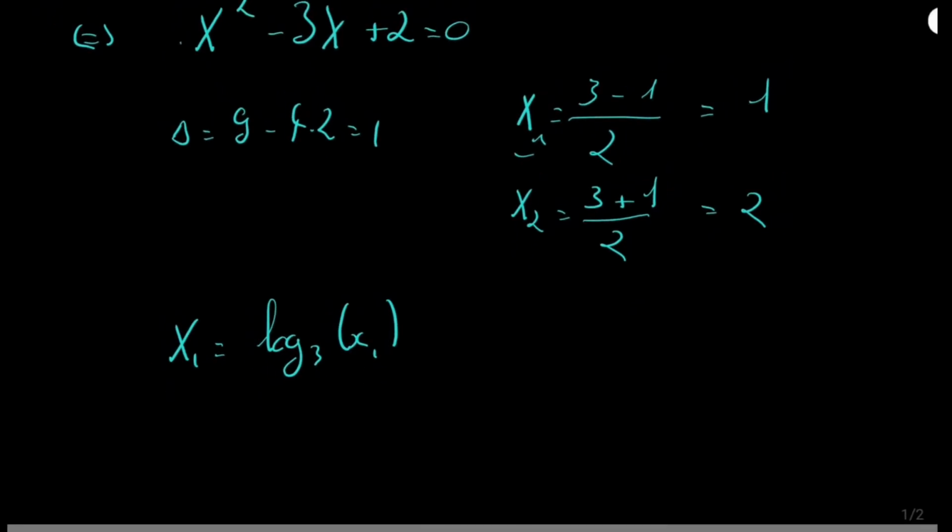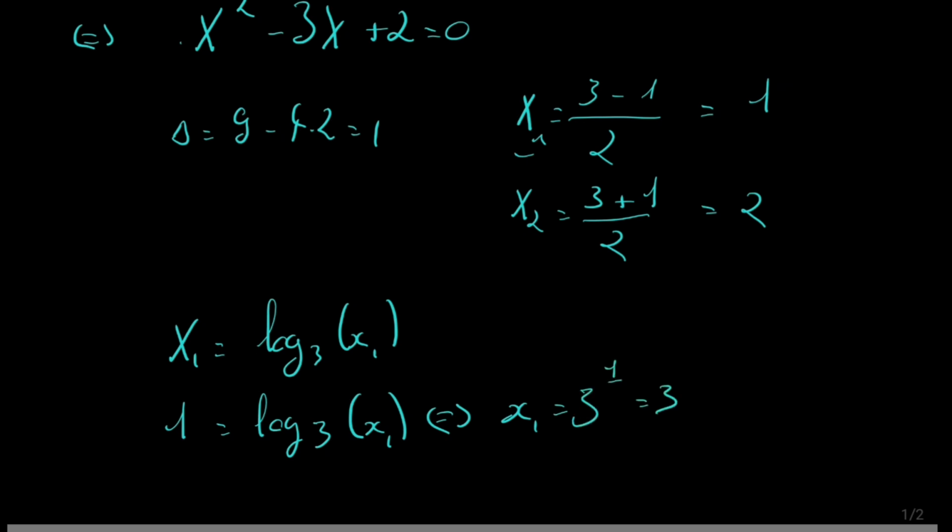So we have 1 is equal to log 3 of x1. And this is equivalent, we know it, to x1 is equal to 3 to the first power, which is 3. So first solution.